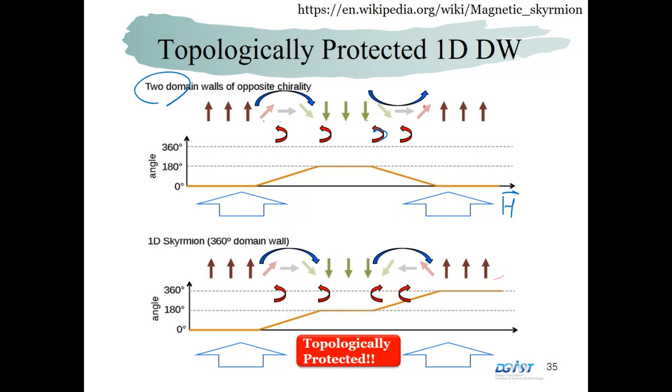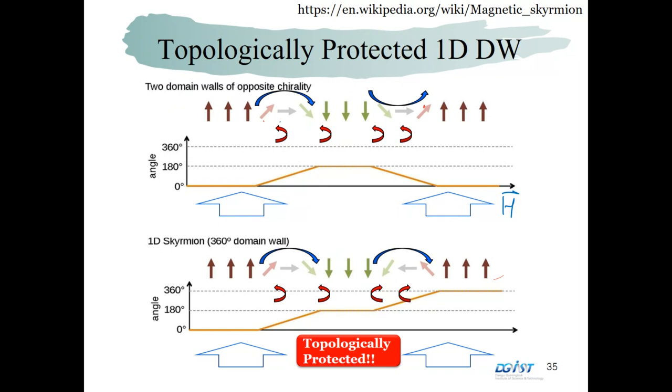Actually, in a mathematical concept, topological protection means they cannot be changed from one topological state to the other without a breakdown of the topology. But in physics, topological protection means an additional energy barrier. It can be overcome by supplying enough large energy, but it requires additional energy. So that means they are stable.